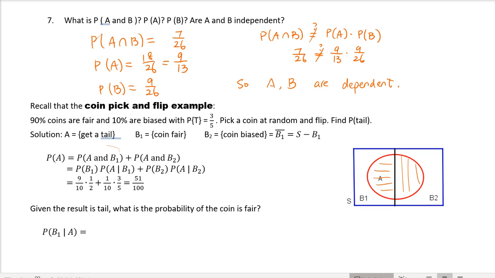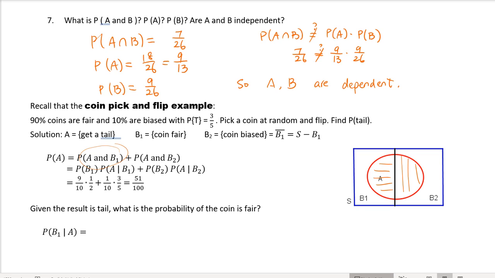And then A and B1, we can use the multiplication rule, also called the breakfast rule. Remember, you want to eat apple and banana, which one do you eat? You can choose to eat apple first and then banana, or banana first, then apple. But here, what information do we have?